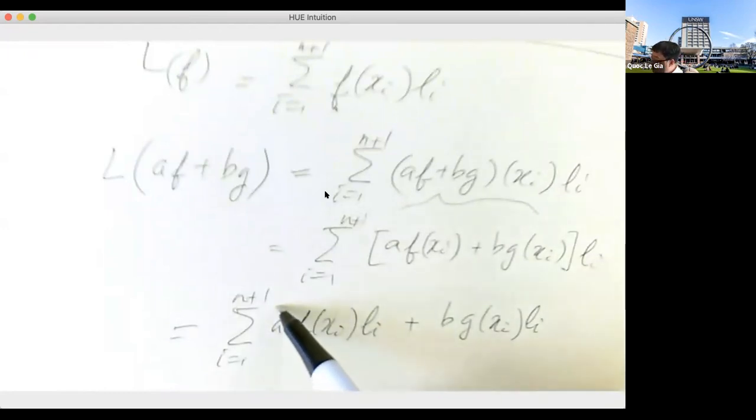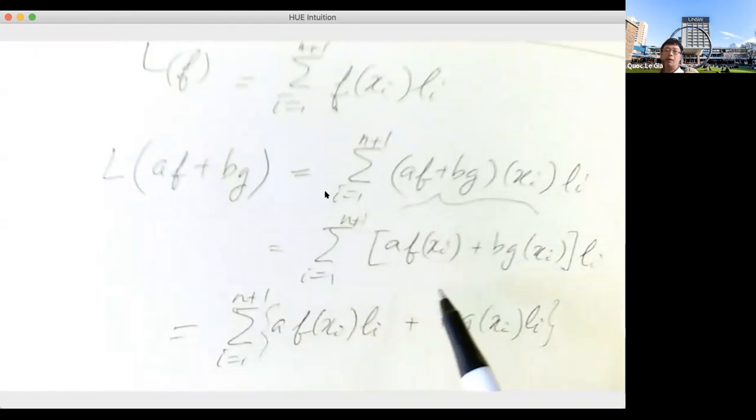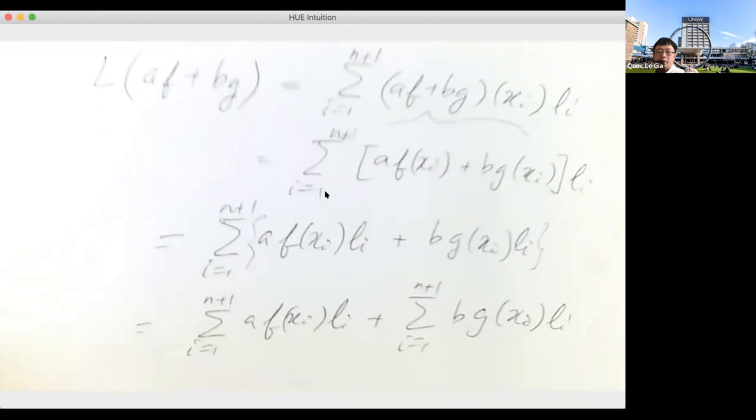But now, you see, I sum over these terms, and because the sum is linear, I can split it into separate sums. Sum of bg(xi) Li. Okay, so I split it into sums like this.